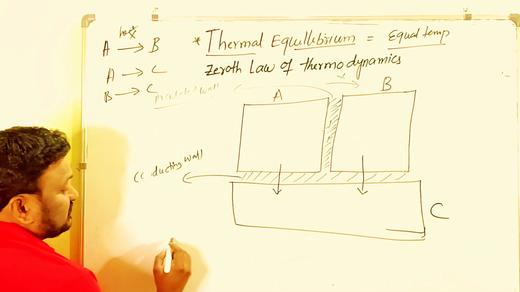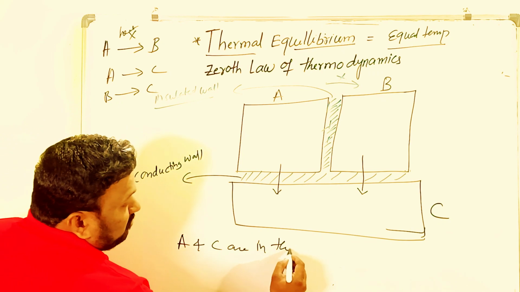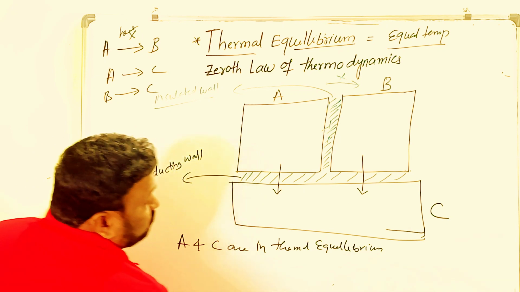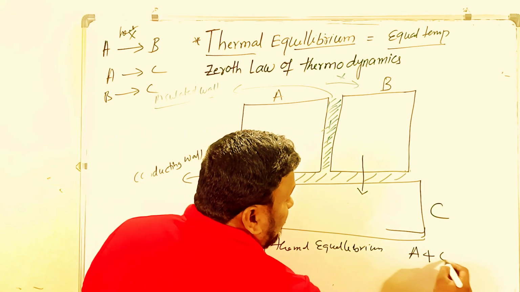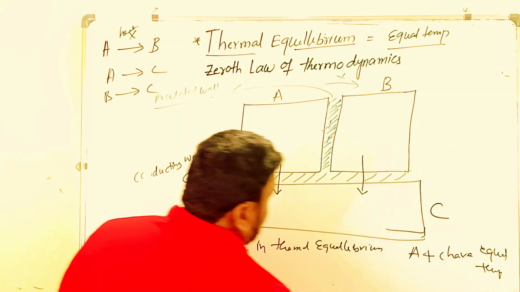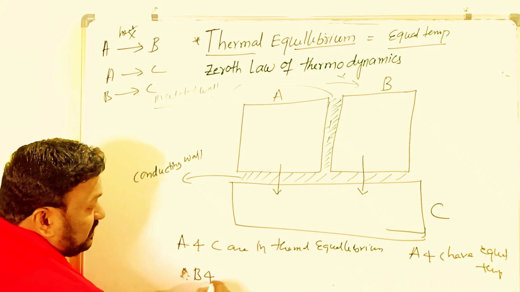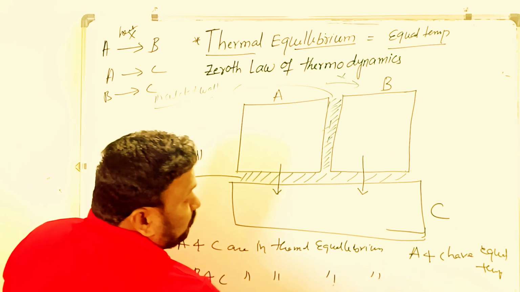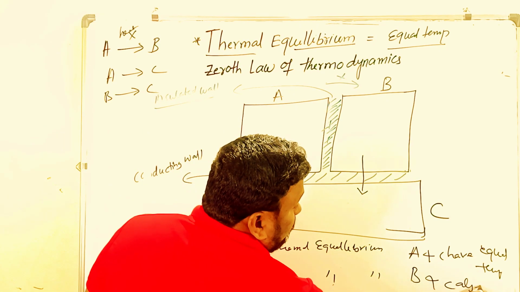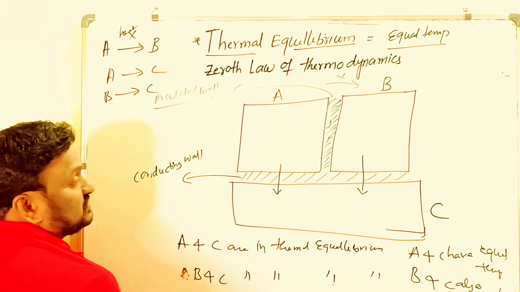So A and C are in thermal equilibrium, which means A and C have equal temperature. B and C are also in thermal equilibrium, so B and C also have the same temperature.